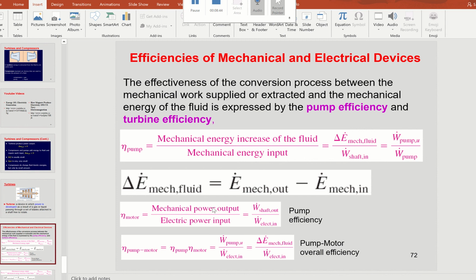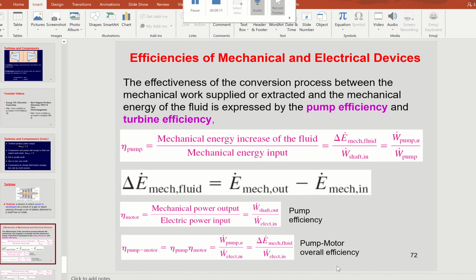It's going to turn and have mechanical power output, and that mechanical power output of the motor happens to be the input of the pump. Then that mechanical input is going to increase the mechanical energy of the fluid. So that's why they are coupled together.